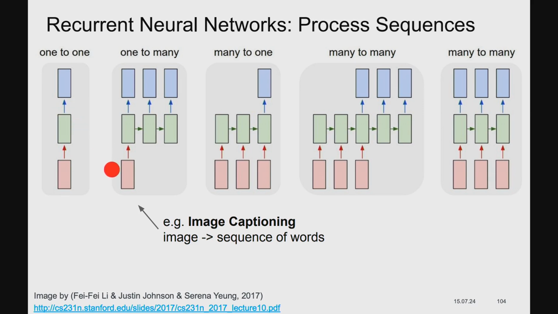However, what we could also have is one input and then a whole sequence of operations, all leading to outputs. For example, when we give an image as input, we may want the system to give us a caption for this image. So the output should be Taj Mahal at daylight, or a cat playing with this and that.